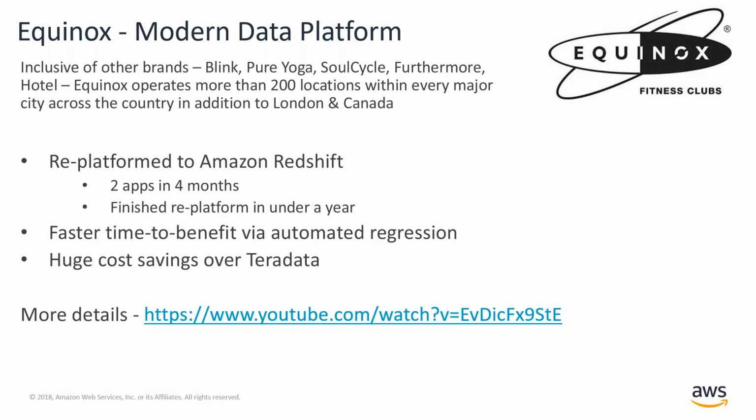Some of the benefits they had, of course, were being able to take advantage of automated regression testing to make sure that reports exactly matched up between the old system and the new one. In their case, they moved off of a Teradata platform. And the quote I loved from this presentation was that the annual cost of Amazon Redshift is actually significantly less than their annual maintenance cost was previously with Teradata.